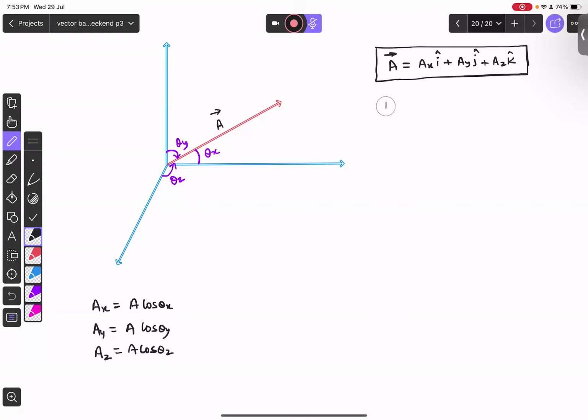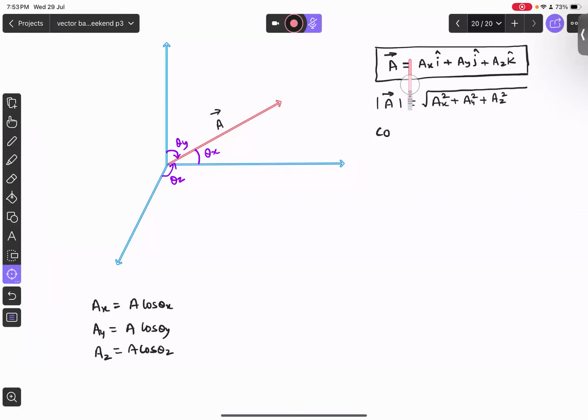Then if I ask you to find the length of this vector, try to prove this on your own: ax square plus ay square plus az square. So the moment I give you this vector in terms of its components along x, y, and z, using the components you can figure out the length of that vector.